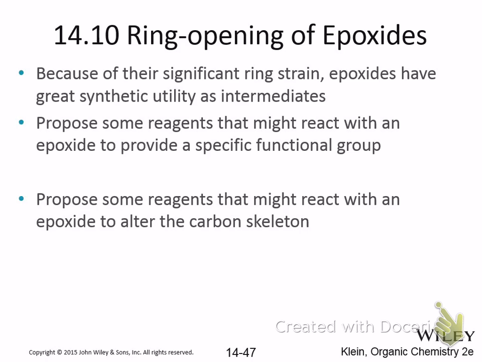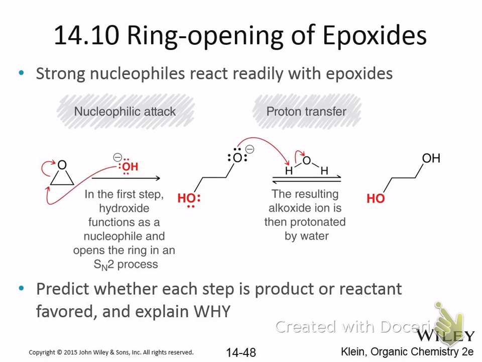Okay, so really the last thing I want to cover in this chapter is the ring opening of epoxides. We covered this a long time ago, chapter 9 or 10. Bring in a base, it attacks this carbon, this breaks, you form an oxide ion here, and you have the alcohol functional group down here.